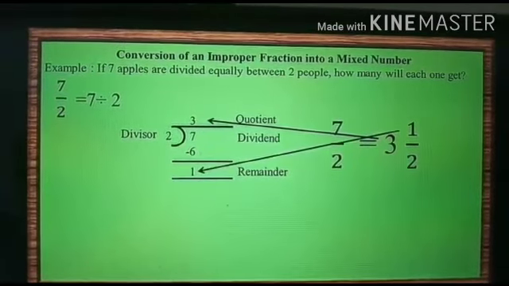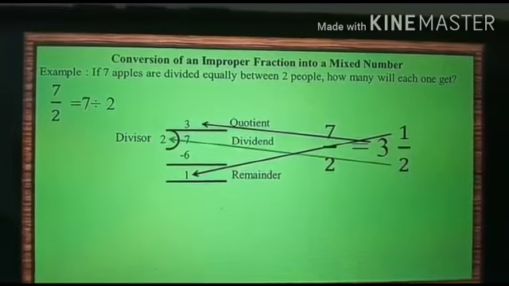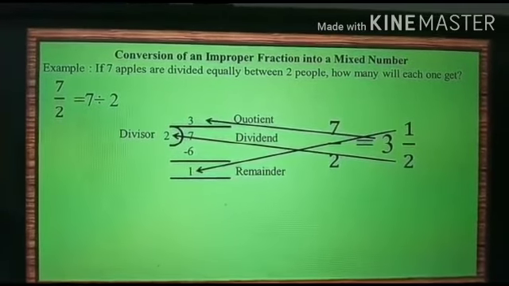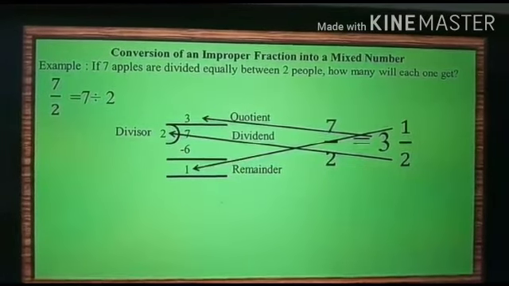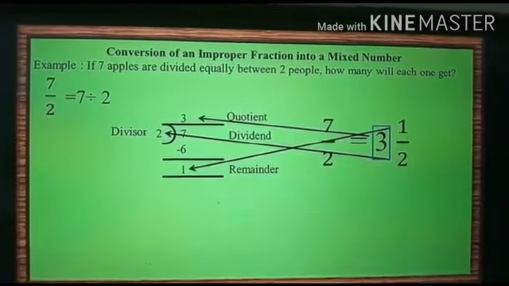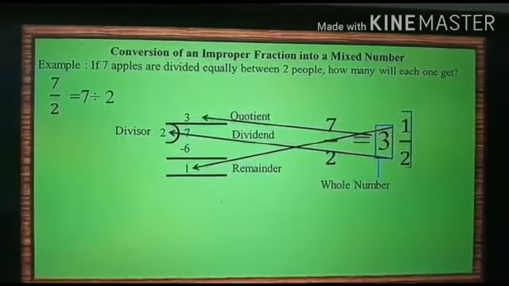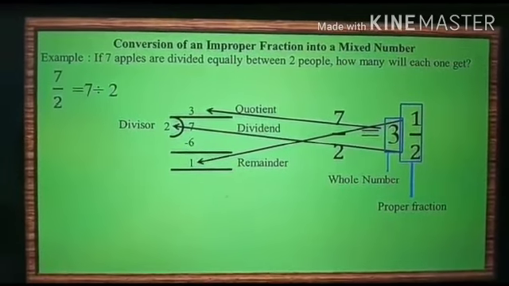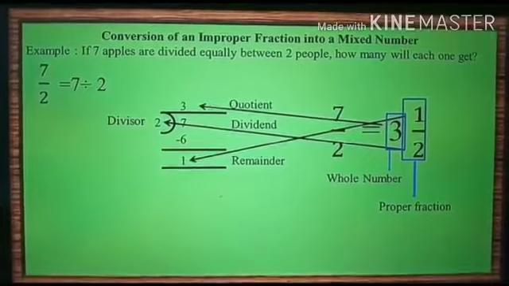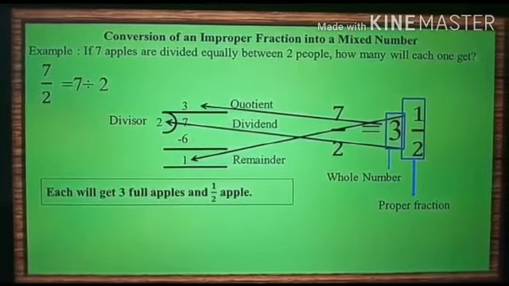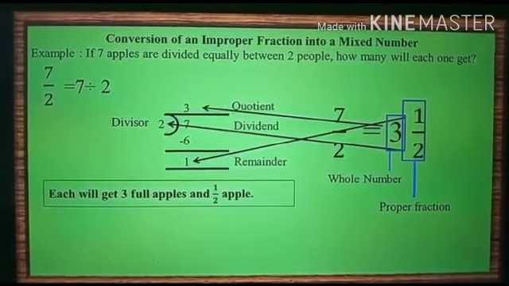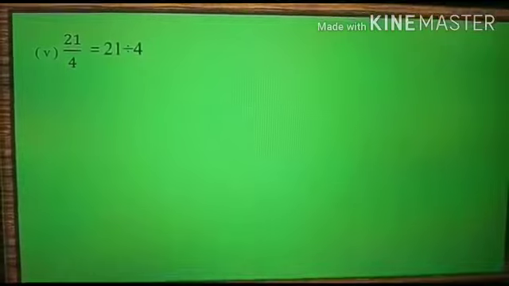Here we have to write the quotient as whole number, remainder 1 as the numerator and divisor 2 as the denominator. 3 is the whole number and 1 upon 2 is the proper fraction. So each person will get 3 full apples and half an apple.